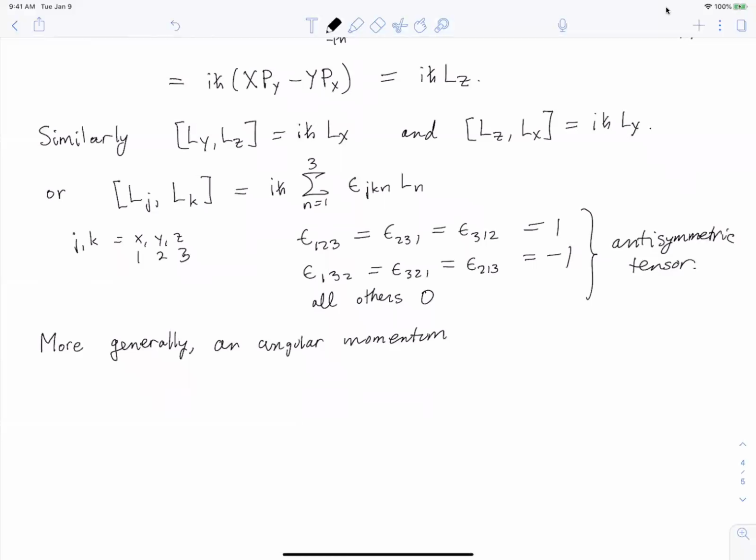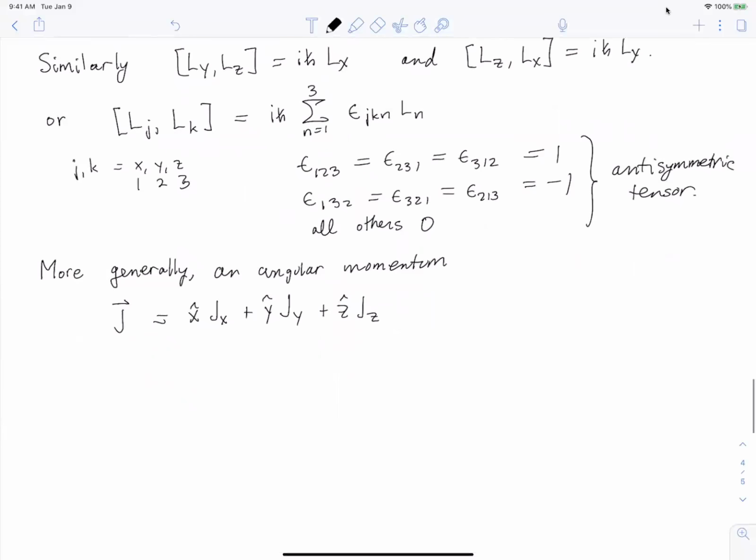and it's traditional usually to write a general angular momentum as J. So it's a vector with three Hermitian components. Okay, each one of these is Hermitian. And it satisfies, this time I'm going to rewrite it not using the epsilon.